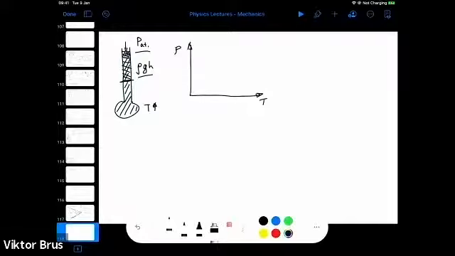It will change, depends on temperature. And if we calibrate this for two reference points, it will be 0 and 100 in degrees Celsius. We can make a straight line between these 2 points.